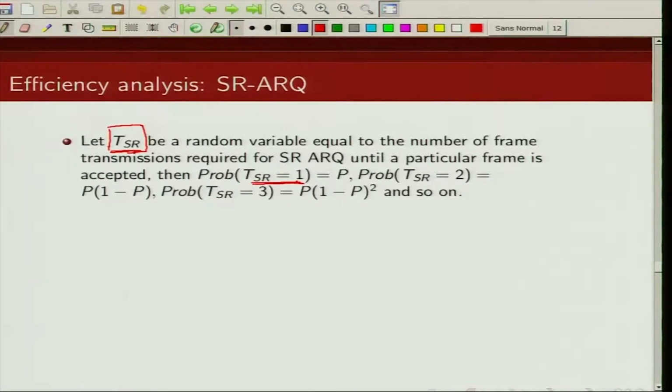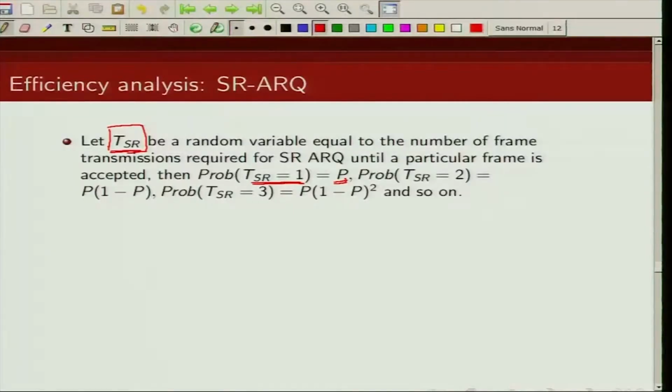What is the probability that at first transmission itself you are going to accept the packet? We just saw that the probability is given by P, which is the sum of P sub C plus P sub U. So with probability P, we are going to accept the packet on the first transmission.